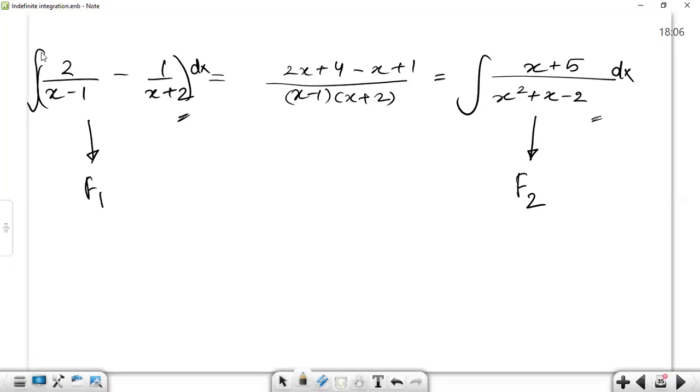Because we know the formula of this form, as we have earlier discussed the formulas of integration, in which we know that the integration of 1 by x dx is ln of x plus c. So in this format, we are better able to solve this particular integration.